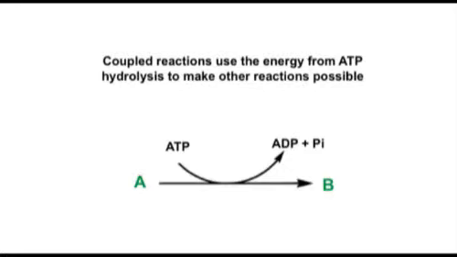This bond can be broken by a reaction called hydrolysis, producing adenosine diphosphate and a free phosphate ion, often written as Pi. Sometimes the phosphate is released, sometimes it's added to another molecule. We will see this happen when we look at glycolysis.